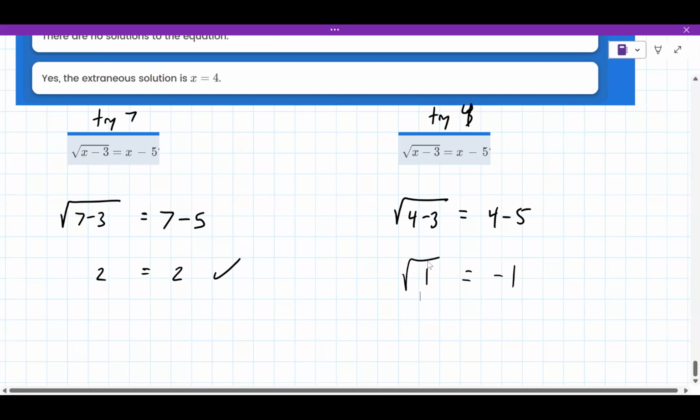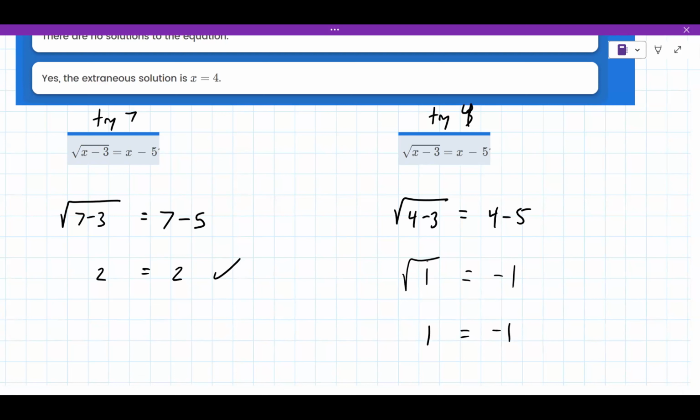Just 1. Now, are these the same? No, they're not. So this one is extraneous.